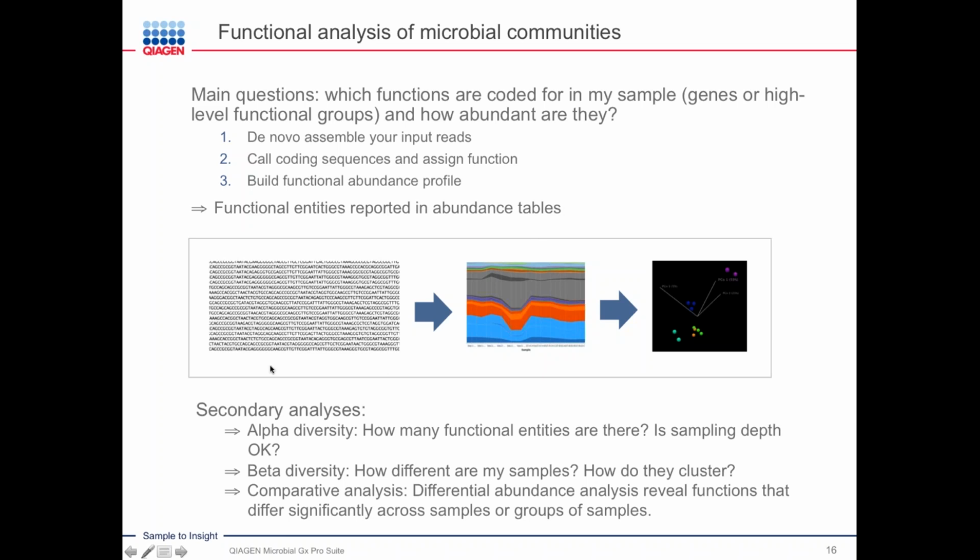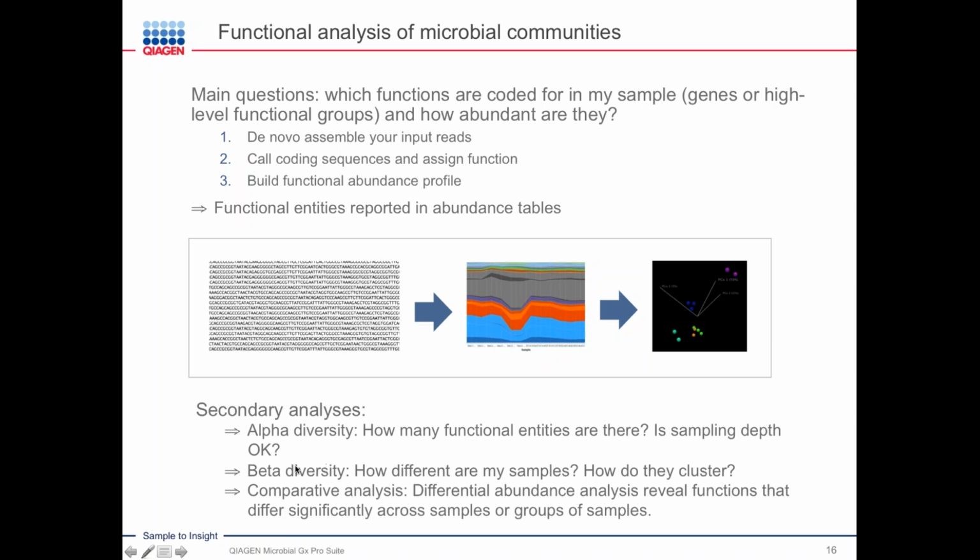So again, going from raw sequences to abundance profiles, and then further downstream analysis or secondary analysis could be alpha diversity, so how many functional entities do I have in my samples, and how do different samples compare with regard to internal diversity. And as I just talked about, is sampling depth okay?